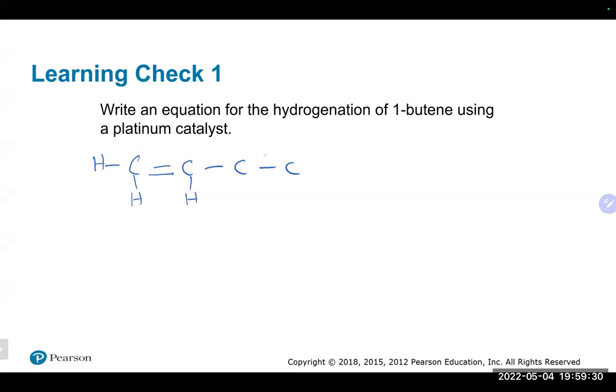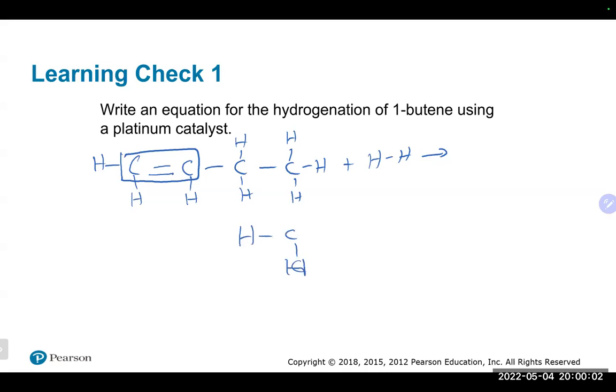In this case, since we are adding hydrogen, which is H2, we really don't have to worry about it because it's symmetrical. So we're just adding basically the same thing to each side. We will do the exact same thing we did previously, which is turn that into a single bond, and we would copy it exactly the same.